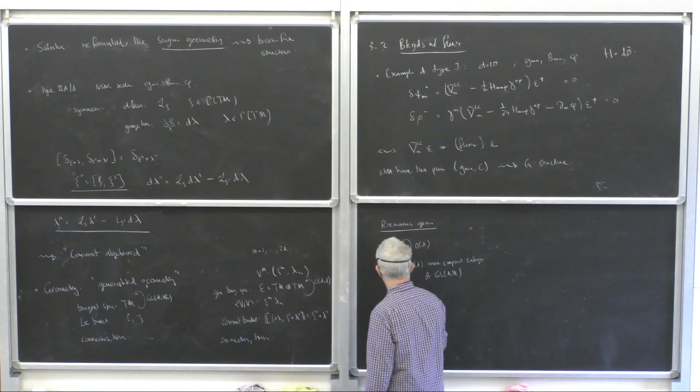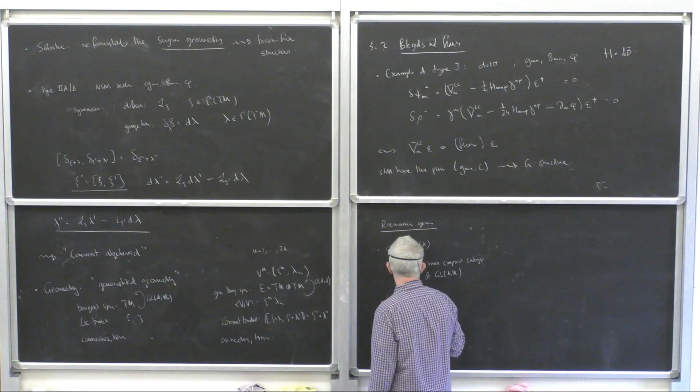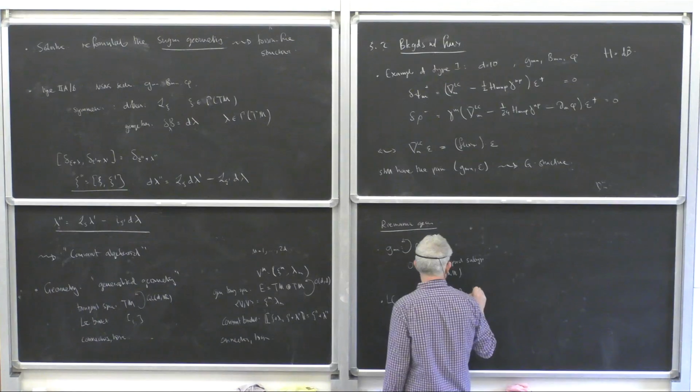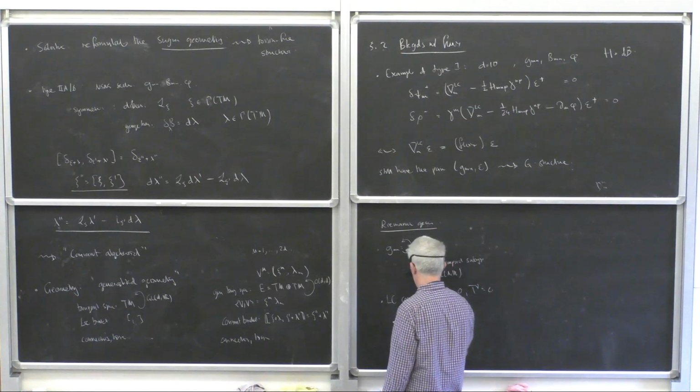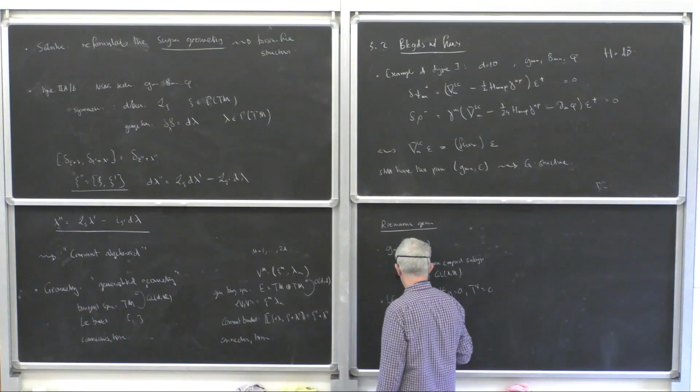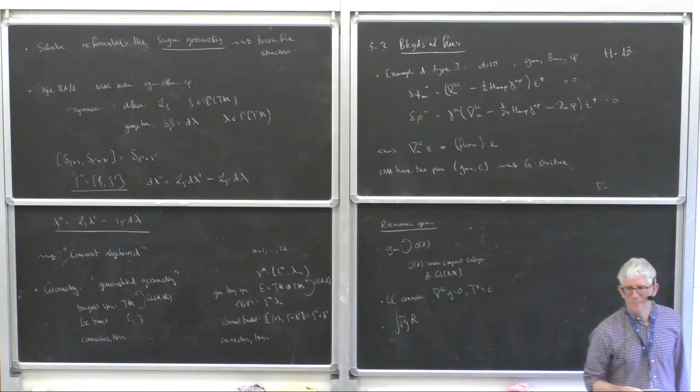And then we would have Levi-Civita connections, and vanishing torsion. And then we would have an action, which was just the curvature.